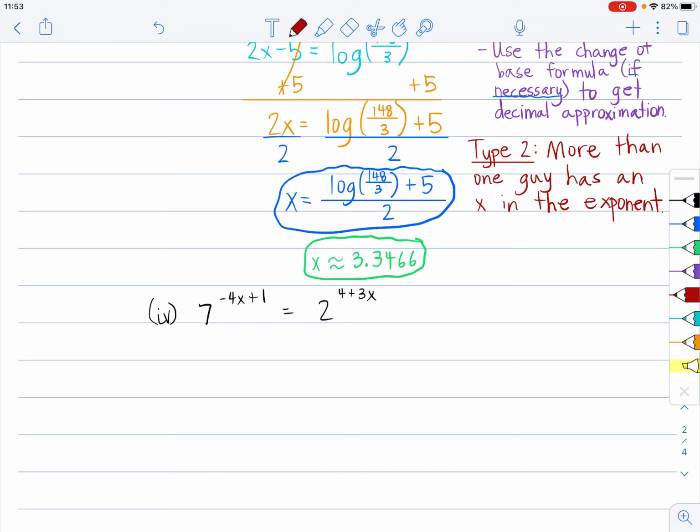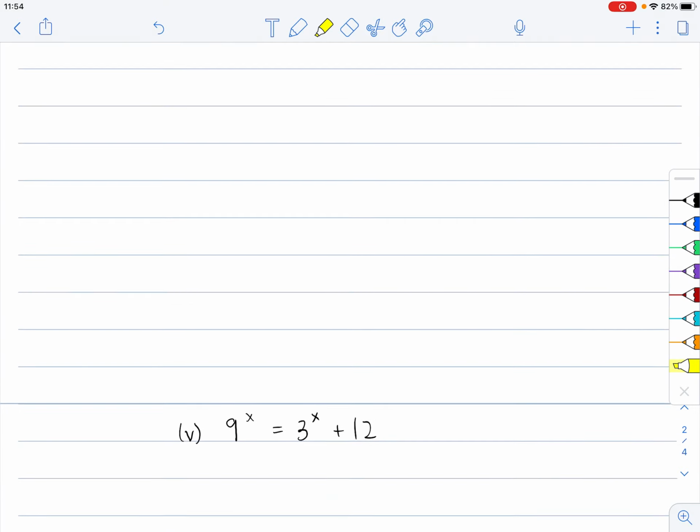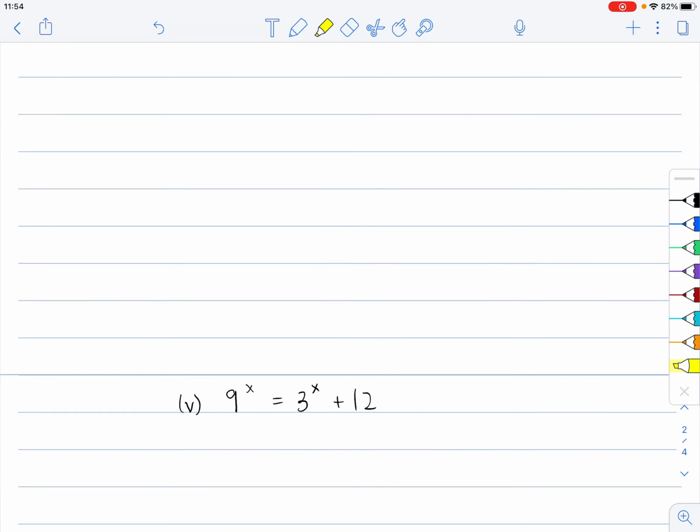What you need to ask yourself is, are there only guys with x in the exponent? Like, there is one term here and one term here, and they both have x's in their exponent. Example number 5, however, x in the exponent, x in the exponent. Oh, look, there's an extra guy that doesn't have an x in his exponent.